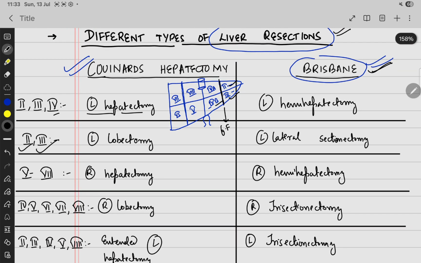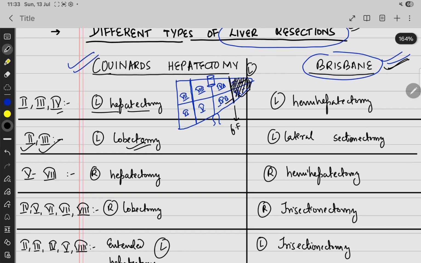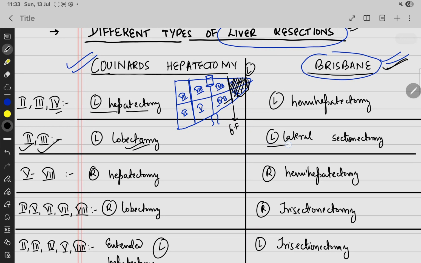So if you cut the segment 2 and segment 3, that means the left lobe has been removed according to Couinaud. So this will be known as left lobectomy. While in case of Brisbane, this was known as left lateral sectionectomy. As we have seen before, segment 2 and segment 3 form the left lateral, while segment 4A and 4B will form the left medial part of the liver. Okay.